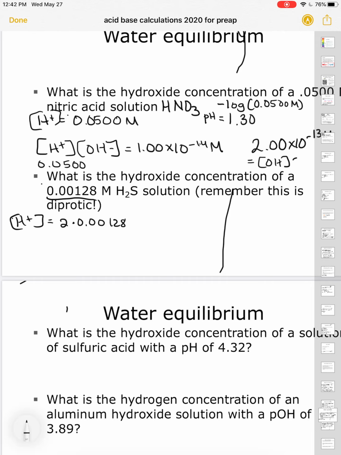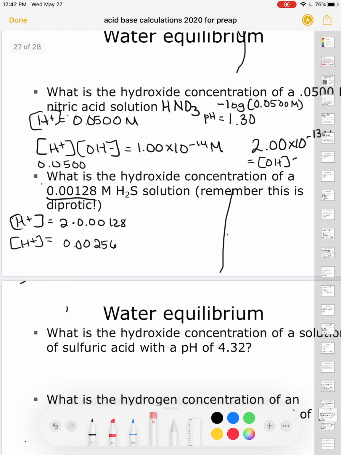That gets me an H plus concentration of 0.00256.